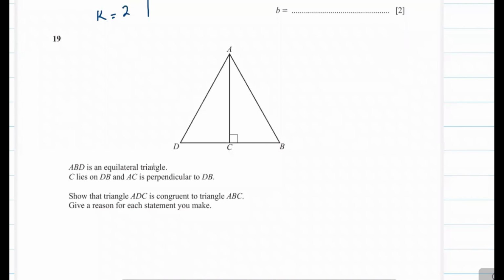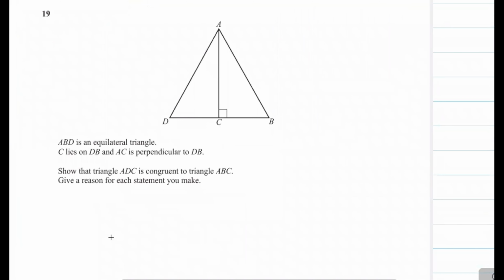Question 19. ABD is an equilateral triangle. C lies on DB, and AC is perpendicular to DB. Show that ADC is congruent to ABC. Now give a reason for each statement. To prove that two triangles are congruent, we use the rule SSS or SAS.